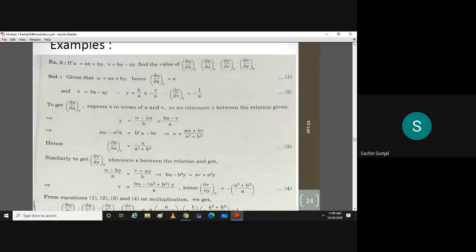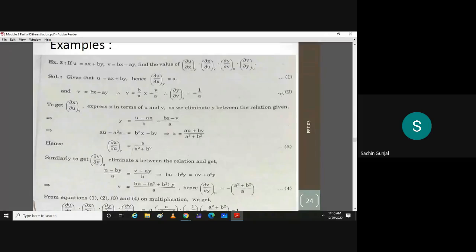So what is ∂y/∂v? Tell me ∂y/∂v, treating x constant. Minus 1 by a, because the first term becomes 0. Yeah, good. It is −1/a. You can see it here.